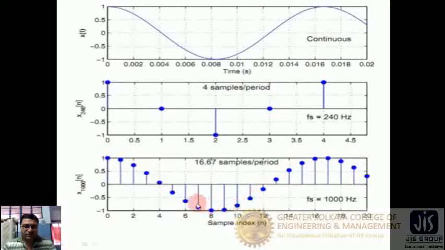That means the signal looks more resolute, more similar to the continuous time signal. And if we take fewer samples per second, we get a not so good resolution of the signal. That means the resolution of the signal gets hampered due to fewer samples.